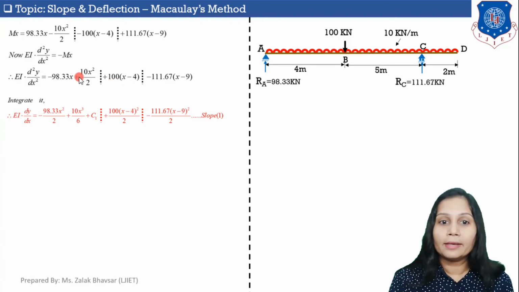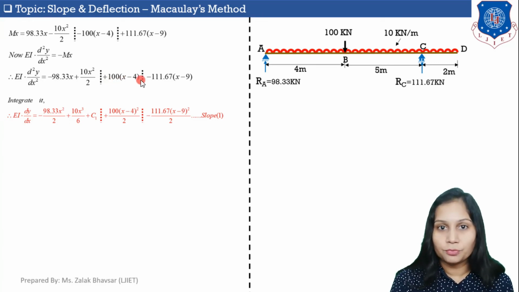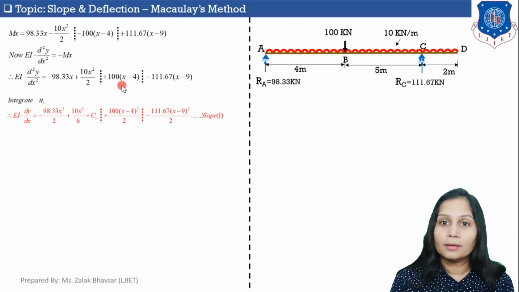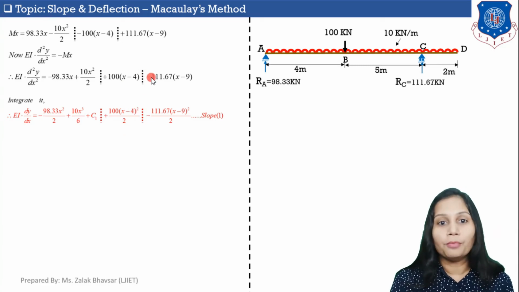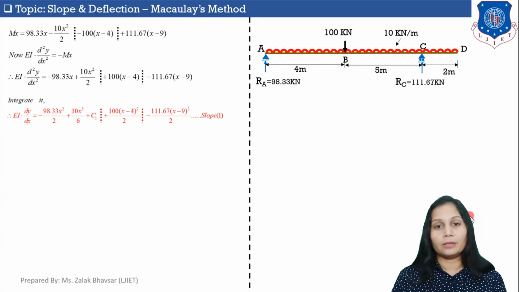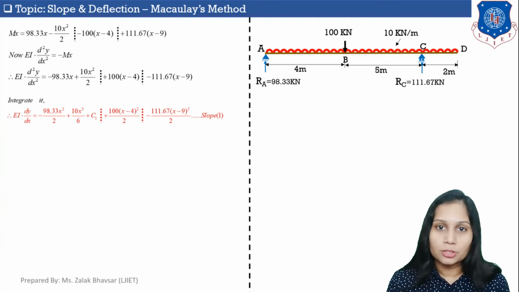Now, integration of 100 (x minus 4) will be (x minus 4) square by 2, minus 111.67 times integration of (x minus 9), which will be (x minus 9) square by 2. So this is our final equation 1 for calculating slope.